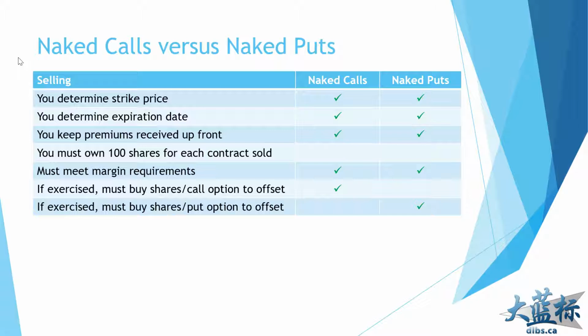Or if you did not want to own the shares, you can always, prior to expiration, close out your position by buying the call option back from the open market and take a bit of a loss, but much less than having to use the cash flow to buy all the shares, because every contract is 100 shares.